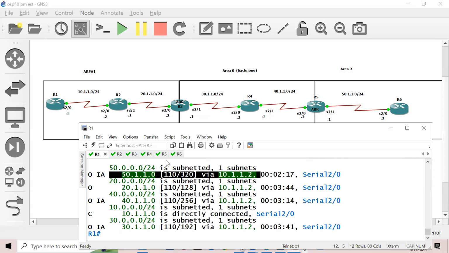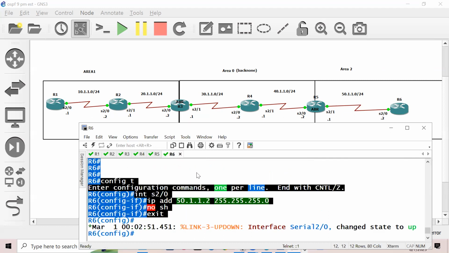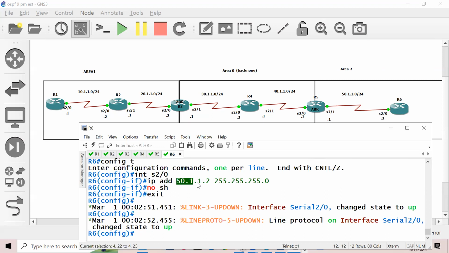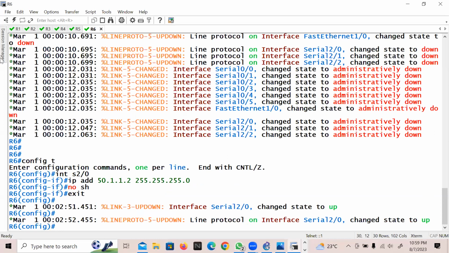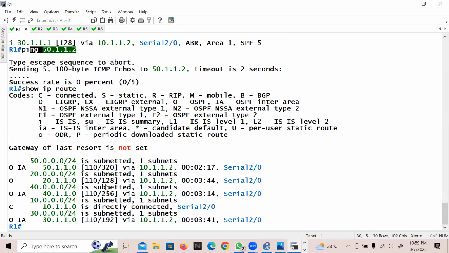So I have to check on R6. 50.1.2. Yeah, it's right, it's correct. IP is there. Can you tell me what is missing here? I just try to ping 50.1.2.